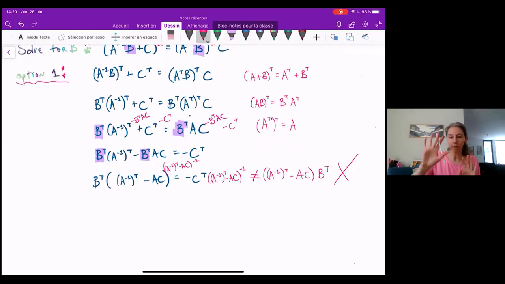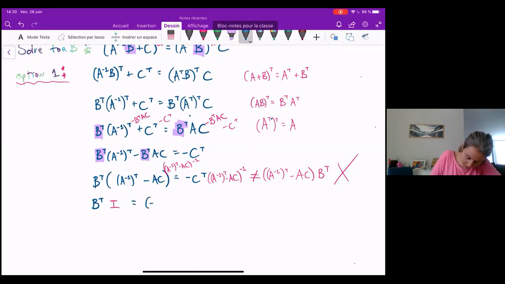So I can only stick a matrix on the edge. I have to put it on the right edge so that when I multiply those things together, it becomes I. If I put it on the left side, there's a B transpose stuck in the middle, and I can't just stick matrices in the middle. I can't make I if there's something separating them. So this now has made I. So I have B transpose times I is equal to negative C transpose times ((A inverse) transpose minus A C) inverse.